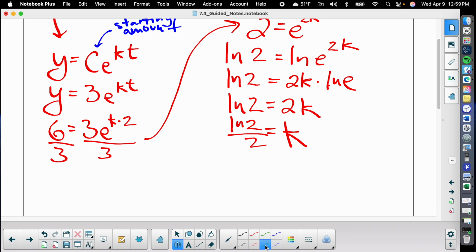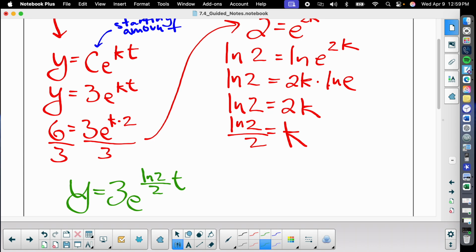Okay, so I take my equation and now I fill in k. And then I think the problem up above asks me one more thing, doesn't it? Value of y when t is 3. These problems take forever, as you're seeing.